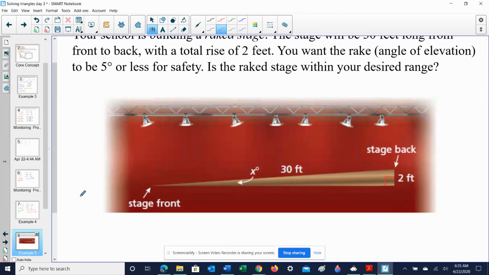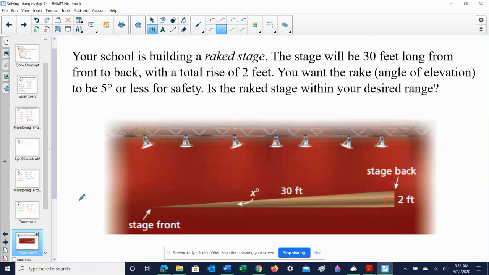All right, sort of a word problem. The school is building a raked stage. The stage will be 30 feet long from front to back with a total rise of 2 feet. Raked stage means a raised stage. You want the rake, the angle of elevation, to be 5 degrees or less for safety.